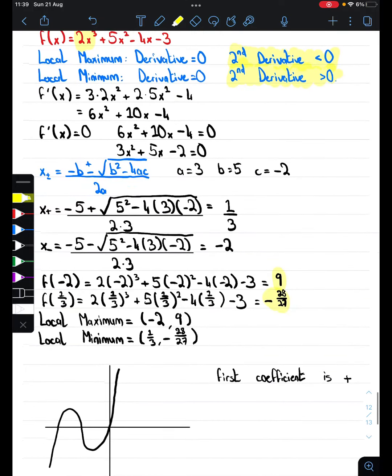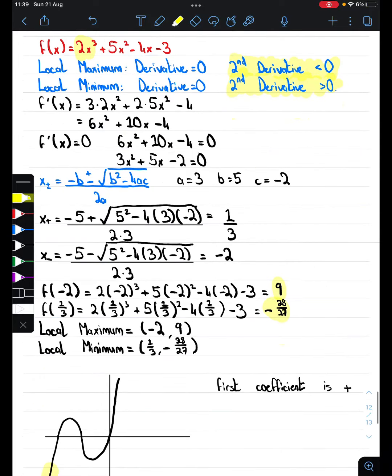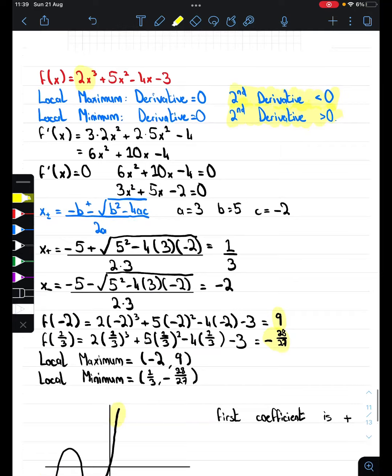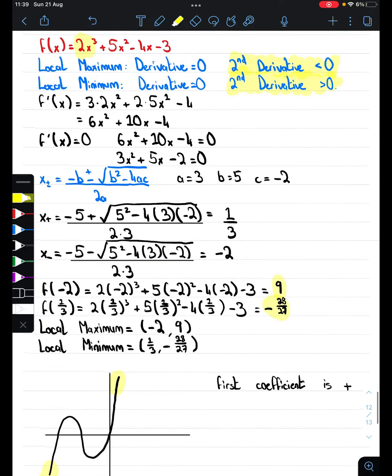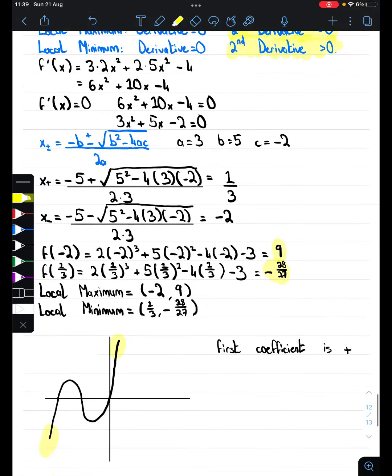So when x is really low, so like a large negative number, then we get very large negative values. And when x is very large, so a large positive number, we get very large positive values, because a large negative cubed is a very large negative, and a large positive cubed is a very large positive.